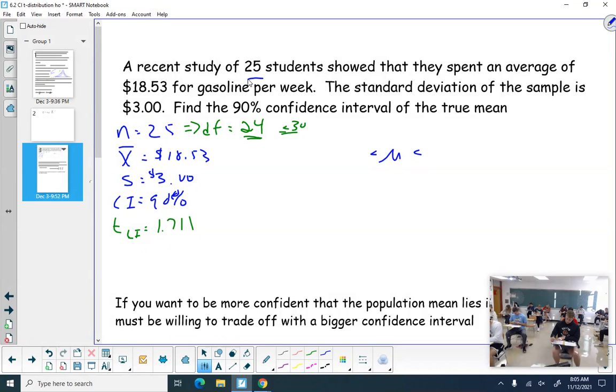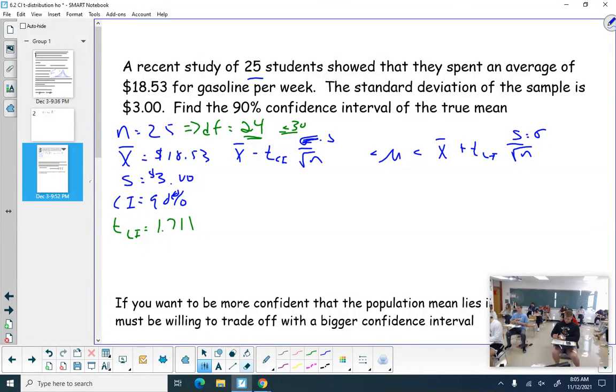So we have x bar minus our t value for the confidence interval times the standard deviation divided by the square root of n, and x bar plus the t value times the standard deviation divided by the square root of n. Once again, this could be sigma, this could be s. The standard deviation for the sample is 3, so this would be an s.